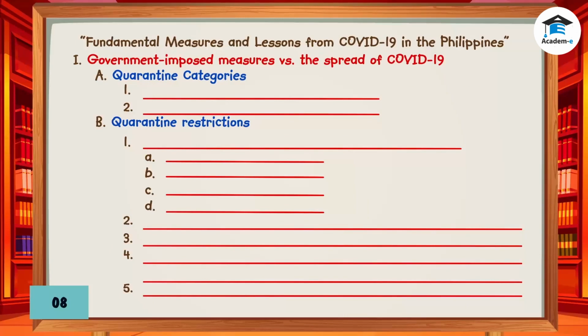The main idea is government-imposed measures versus the spread of COVID-19. The first subtopic is quarantine categories and its examples are enhanced community quarantine, ECQ, and general community quarantine, GCQ.